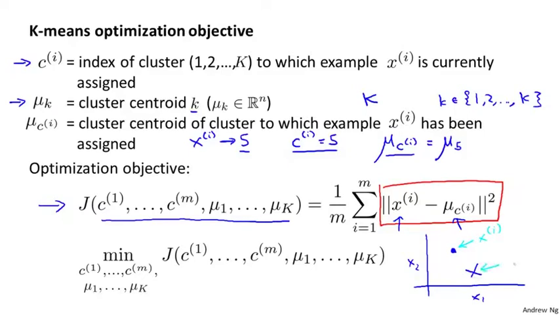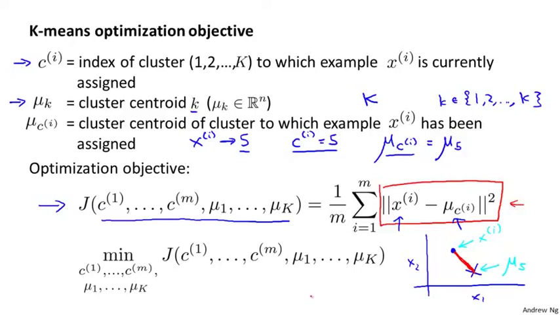So if that's the location of mu 5, let's say, if xi has been assigned to cluster centroid 5, as in my example up there, then this squared distance is the square of the distance between the point xi and this cluster centroid to which xi has been assigned.